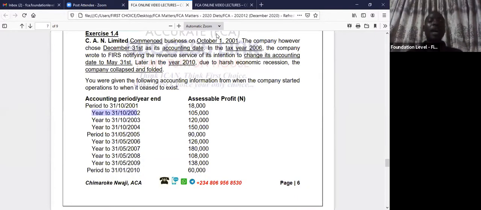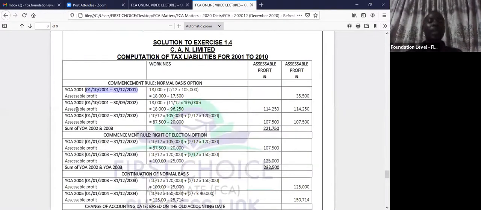The second year, we said, is 2002. It must start from the date the business commenced, and it must end 12 months later. I asked myself, if I'm standing at the beginning, I will need to know the ending date by asking myself, what was yesterday's date? If today is October 1, yesterday was September 30th.